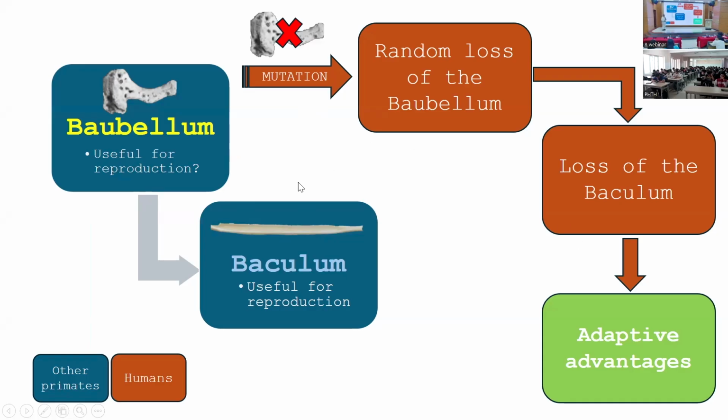And since the baculum must be the transformation of the baculum because of the presence of testosterone, we can say that we lost the baculum because female lost the baculum. But that mutation for male was very, very, very advantageous. The advantage is because, as I said, only the fit individuals may reproduce, may have the erection.